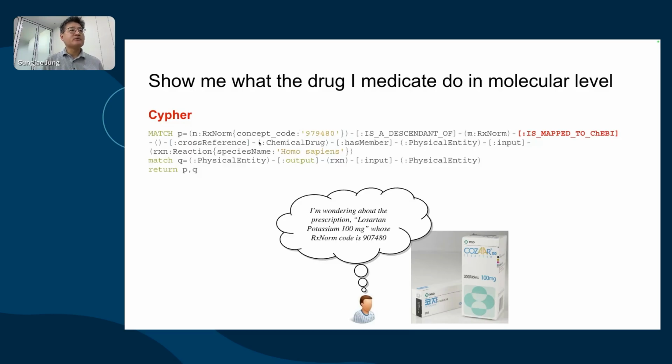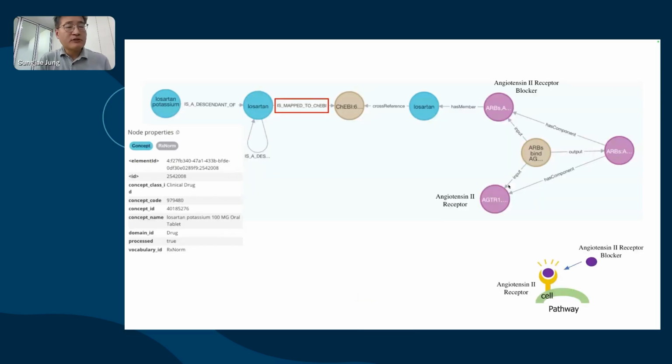From this anchoring node, we can travel through the mapping edge to reach a node on the Reactome side, the biological knowledge graph, and we can further reach the reaction the drug takes part in, and from this reaction we can further extend to some physical entities which are input to the reaction and the product out of the reaction, and we get the resulting graph that looks like this.